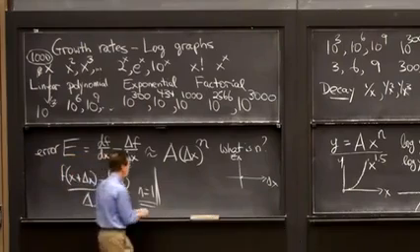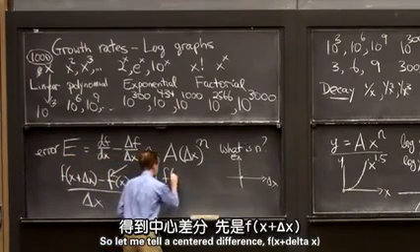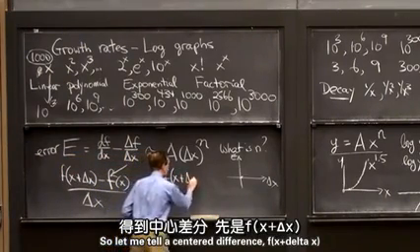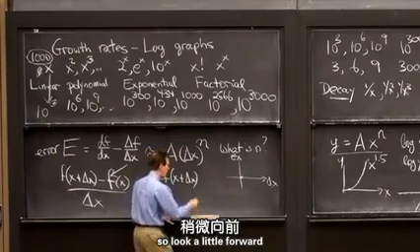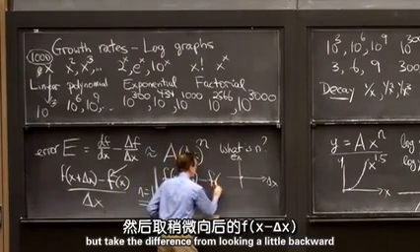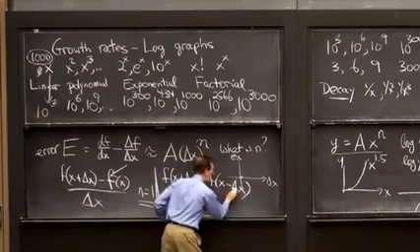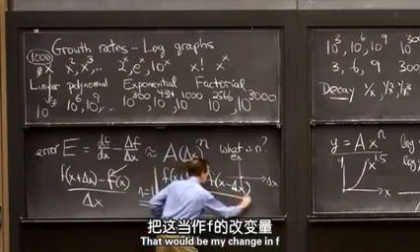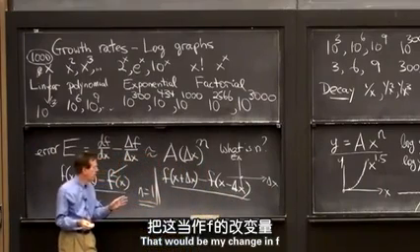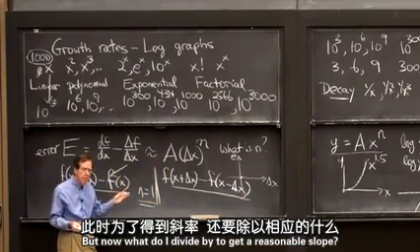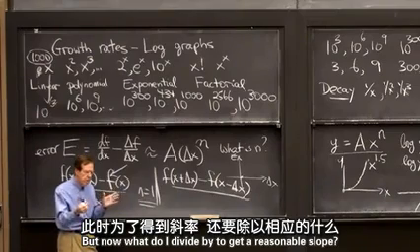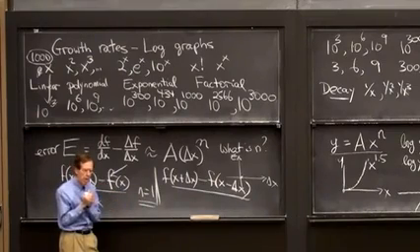Center that difference. So let me tell you a center difference. F at x plus delta x, so look a little forward, but take the difference from looking a little backward. That would be my change in f. But now what do I divide by to get a reasonable slope?